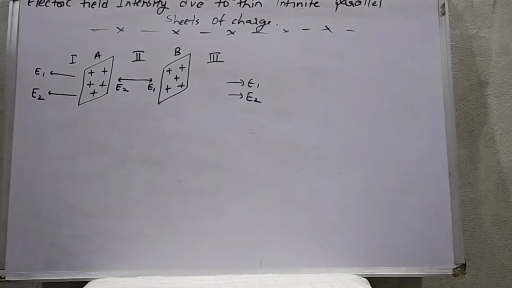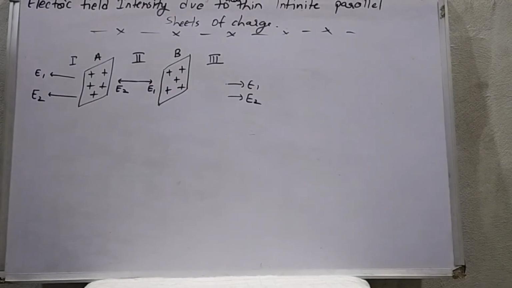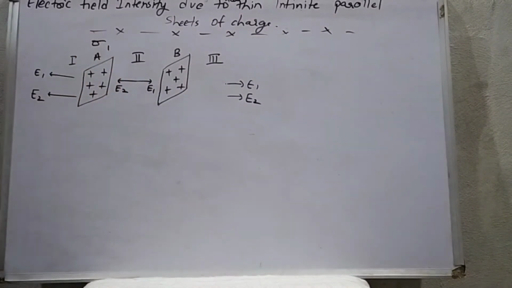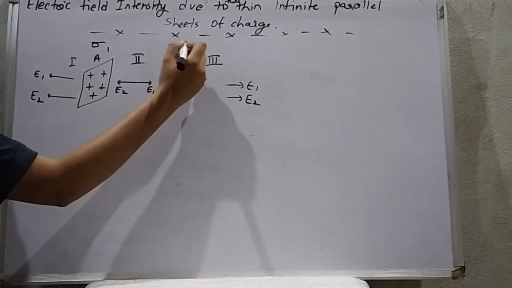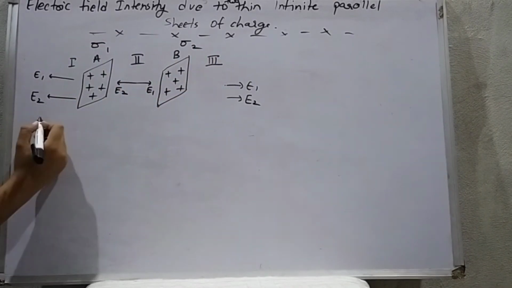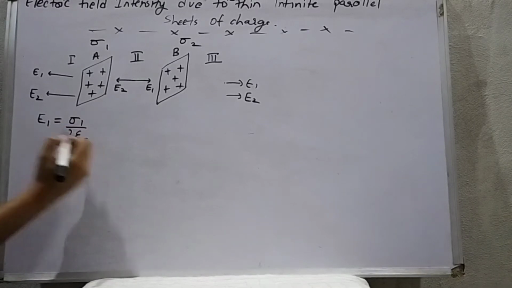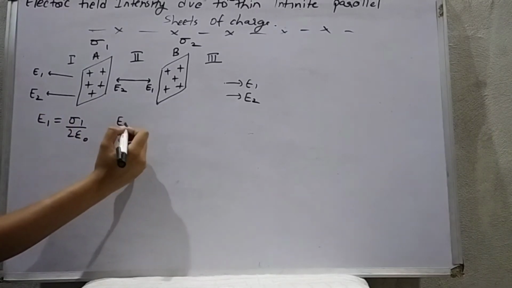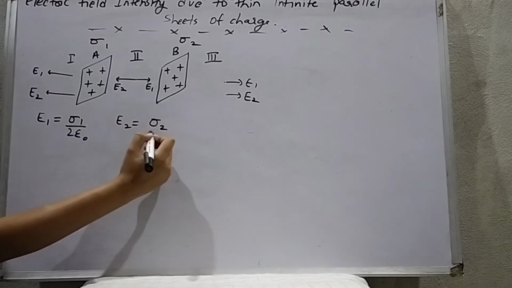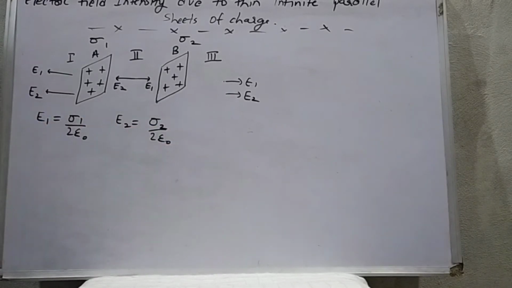And they both have different surface charge density: sigma 1 for the first and sigma 2 for the second. Now what is the value of E1? E1 is equal to sigma 1 upon 2 epsilon naught and E2 is equal to sigma 2 upon 2 epsilon naught.